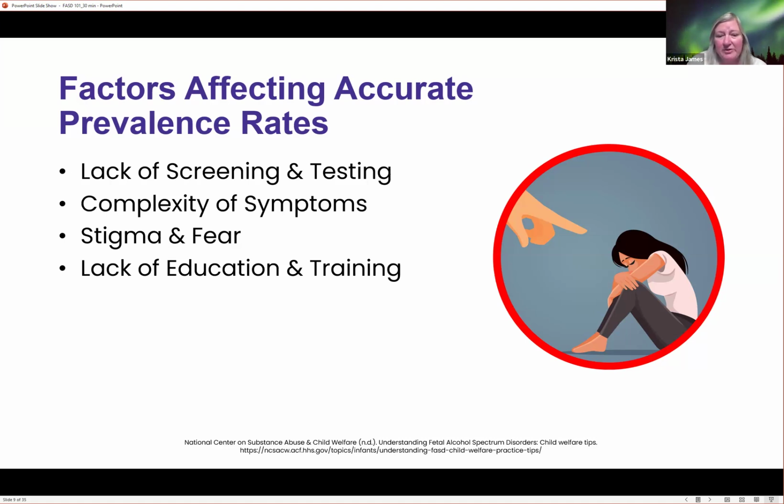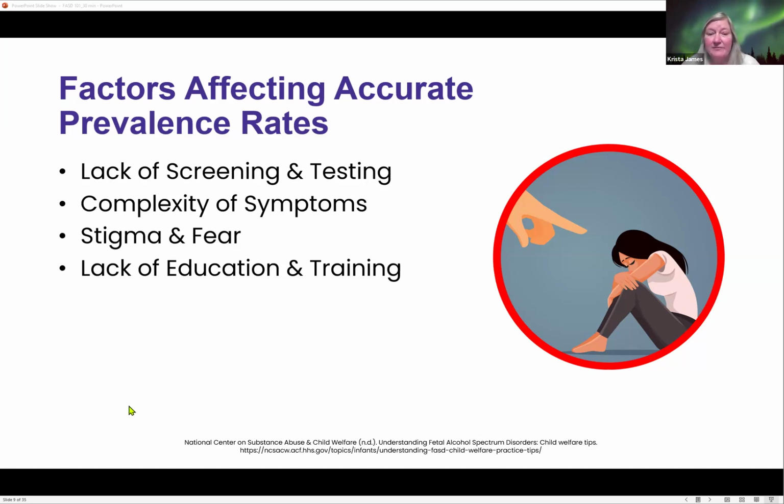Children under 3 can be really difficult to diagnose because the deficits in higher level cognitive functioning often don't occur until they are school age. And FASD can also masquerade as other mental health disorders and behavioral challenges, such as ADHD, bipolar disorder, oppositional defiant disorder, autism, and other learning disabilities.